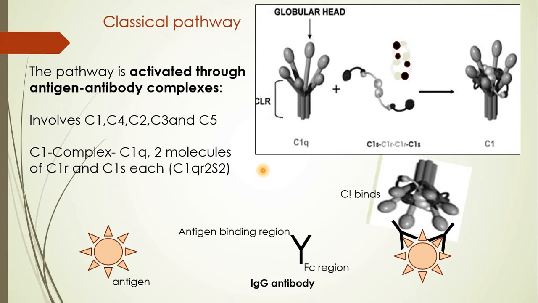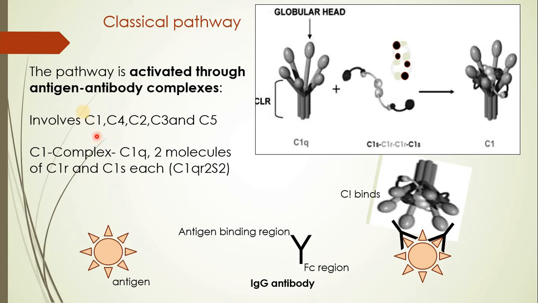Now this classical pathway is activated through antigen antibody complex formation, and it involves five different types of complements, that is C1, C4, C2, C3 and C5.